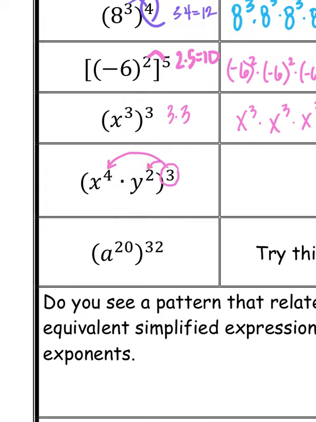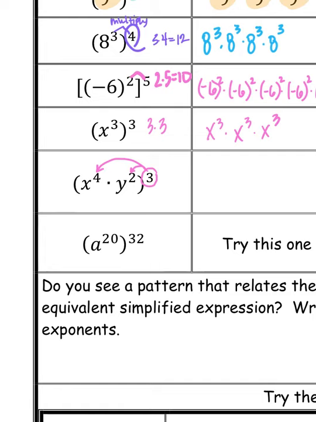We would also distribute that if there was a number inside. So for this case, what we're doing is we're distributing it to the x to the fourth. So what it's really saying is x to the fourth to the third times y to the second to the third.